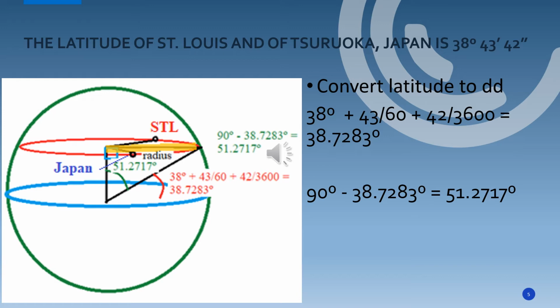But the angle that we want in our triangle is actually 90 degrees minus that angle. Notice inside the triangle is not the latitude, but the complement of it. So 90 minus 38.7283 gives us the angle in the triangle, 51.2717.